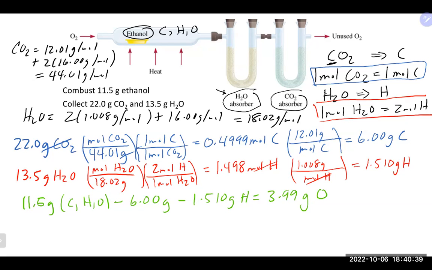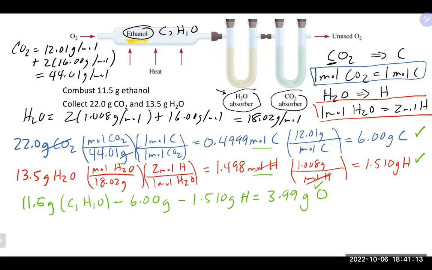So from this analysis, I was able to determine the grams of carbon, the grams of hydrogen, and the grams of oxygen that came from the original unknown sample. Any questions on any part of it? Now I can pretty much do my empirical formula problem. I'm going to take these grams and convert them to moles, which is why I already got the moles, so I don't have to do those calculations again. I already have my moles of carbon and my moles of hydrogen.